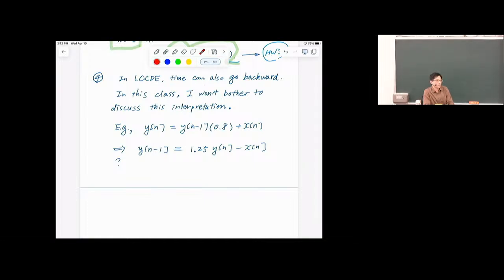You can calculate it after recording your signal, but not in real time. So in DSP, this cannot be implemented. This is a non-causal interpretation of the same equation. So causal versus non-causal is just a matter of interpretation.